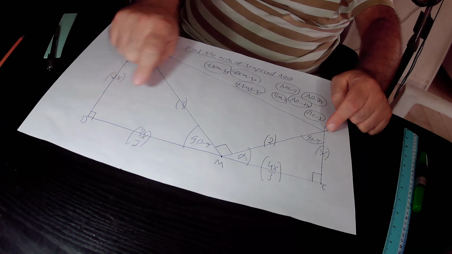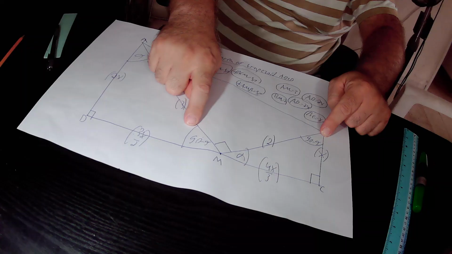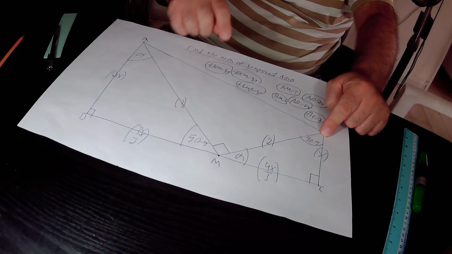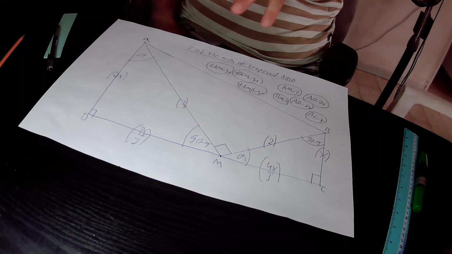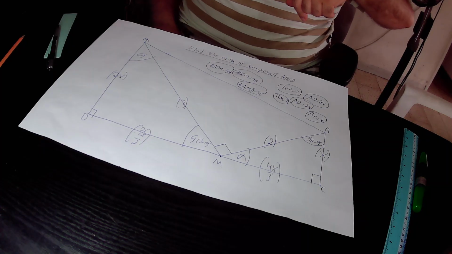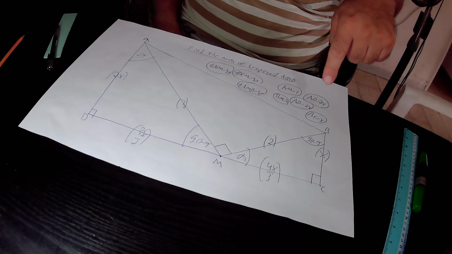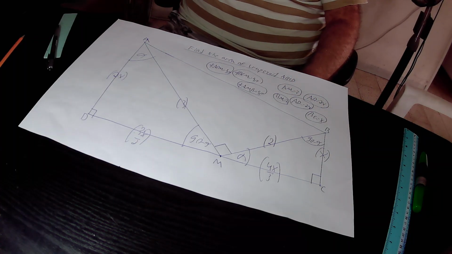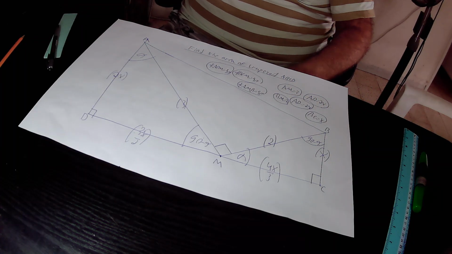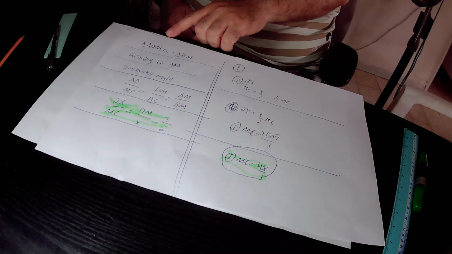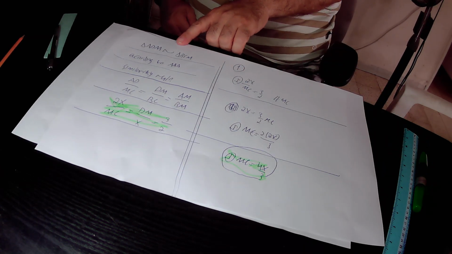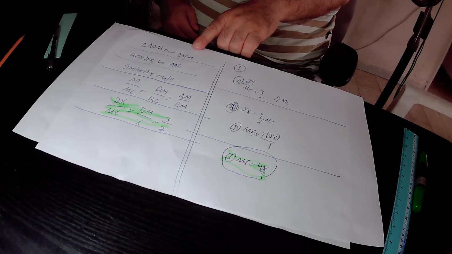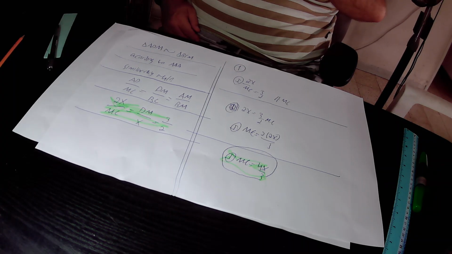And finally, those two angles are both equal to 90 degrees minus alpha, therefore they are equal to each other. So we proved that all the angles of the right triangle ADM are correspondingly equal to all the angles of the right triangle BCM, and therefore those two right triangles are similar to each other according to angle similarity. So again, the big right triangle ADM is similar to the small right triangle BCM according to angle similarity.